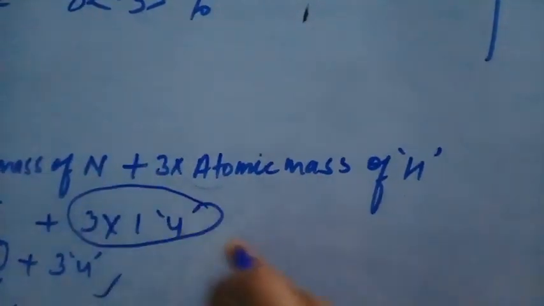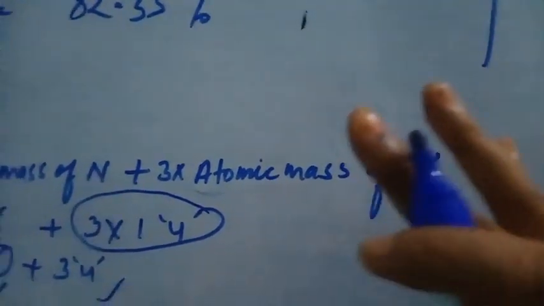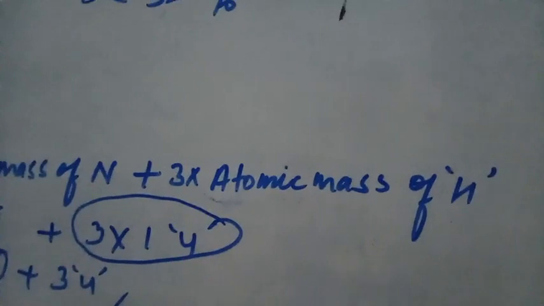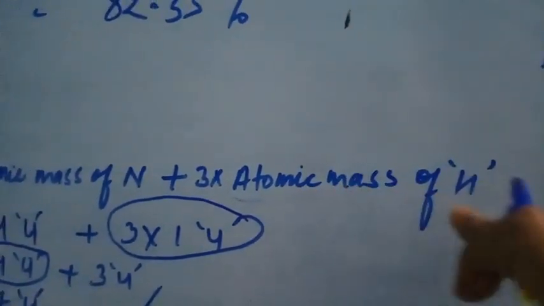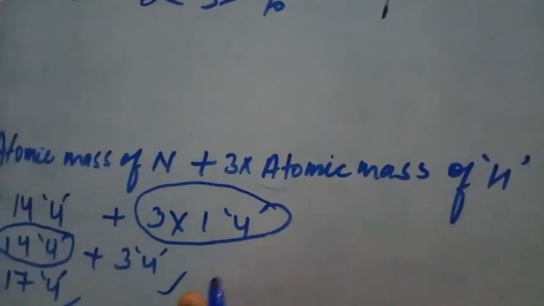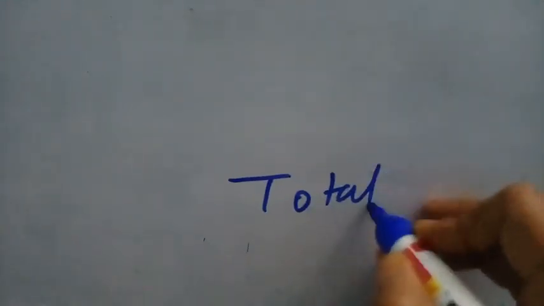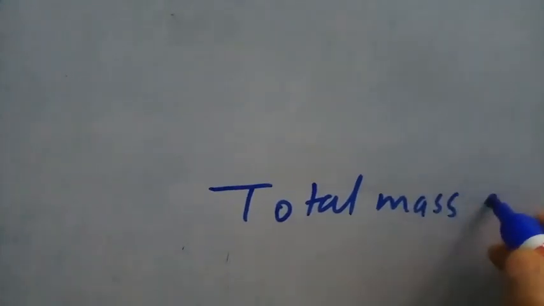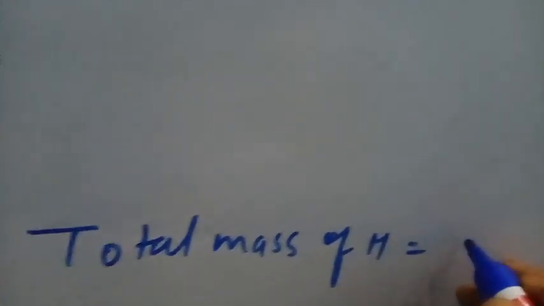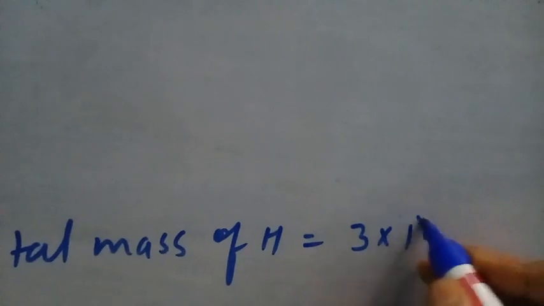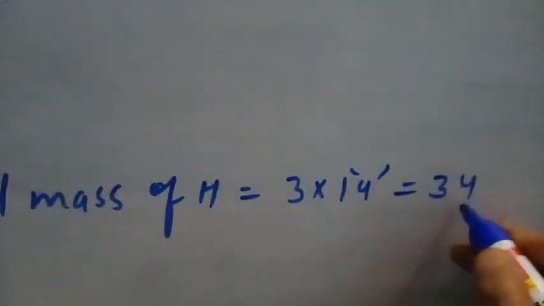What is the total mass of hydrogen? Total hydrogen mass present in ammonia. So 3 into atomic mass of hydrogen, whatever we have got value. Now this will be the total mass. So total mass of hydrogen is equal to 3 into 1 u, that is 3 u we have got.